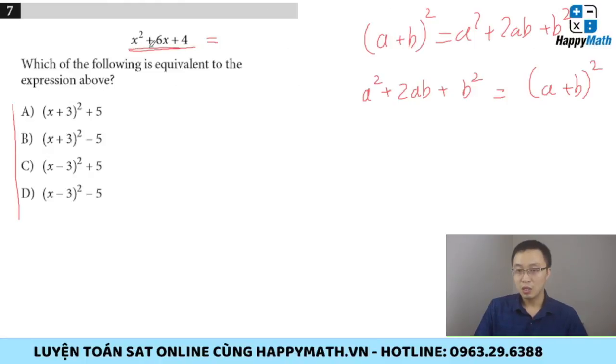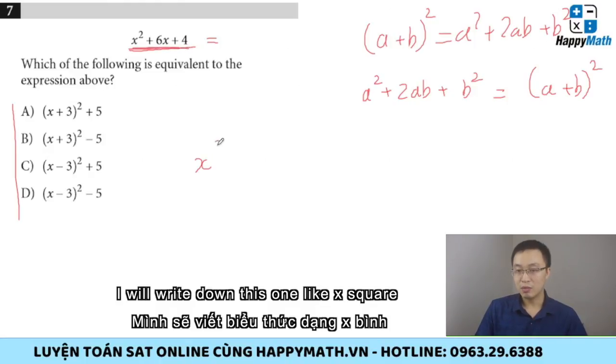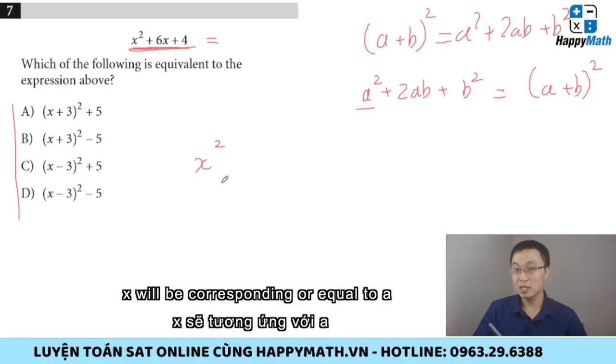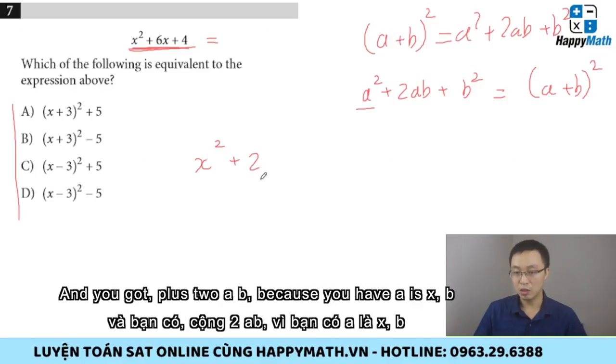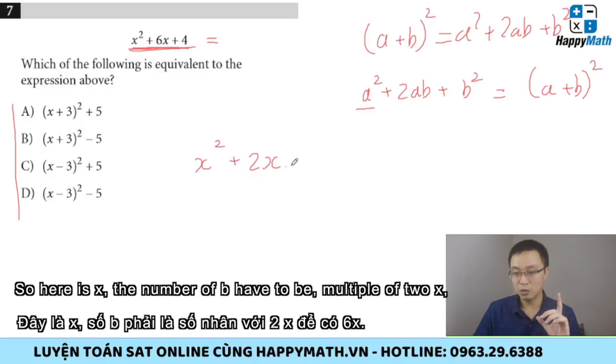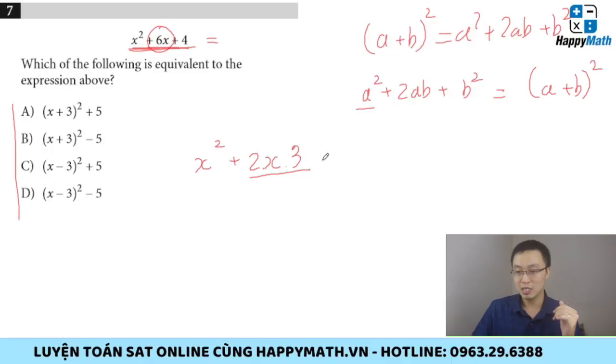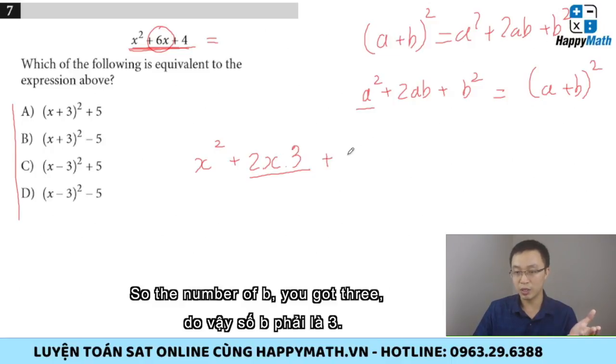So I write this one like a squared; a corresponds to x, and the number b multiplied by 2 and x has to equal 6x. So the number b you got is 3.